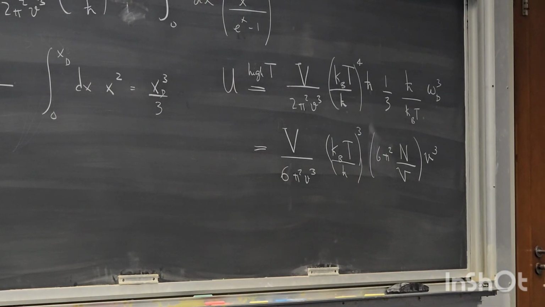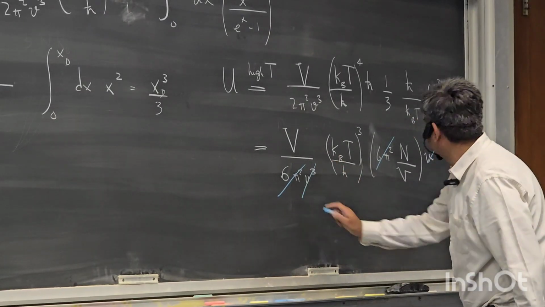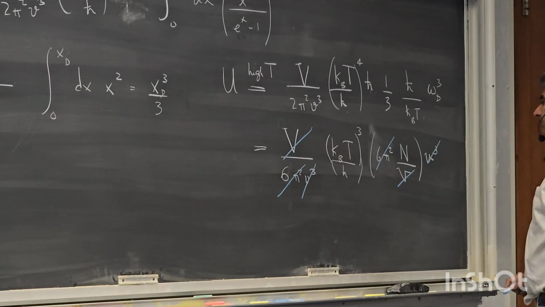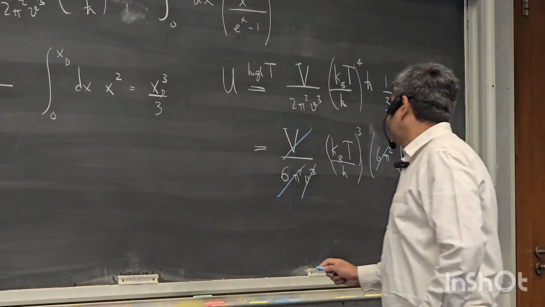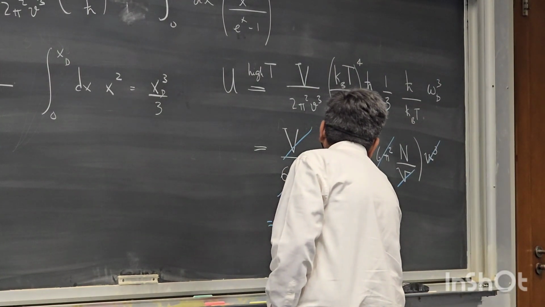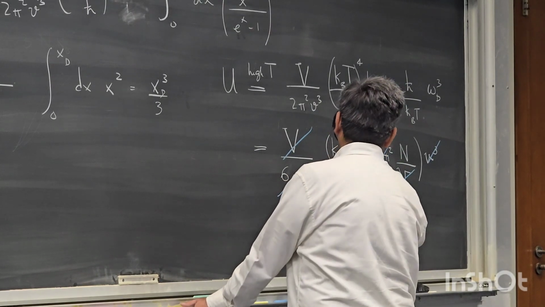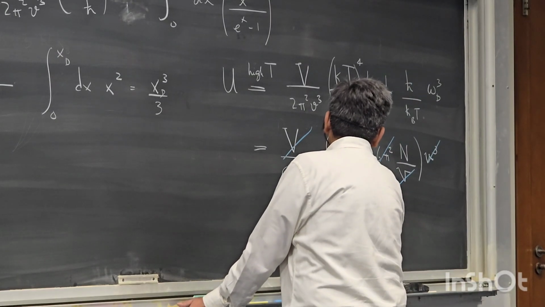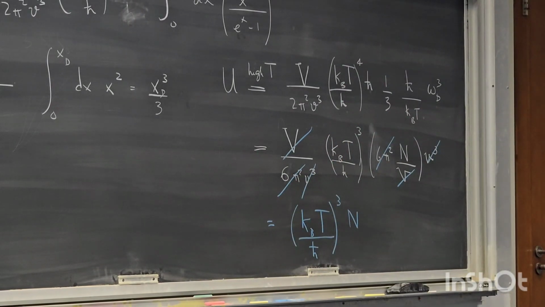Okay, really nice. So the 6 pi square goes away, this v cube goes away, V goes away, and I am left with kB T h bar n. Okay.